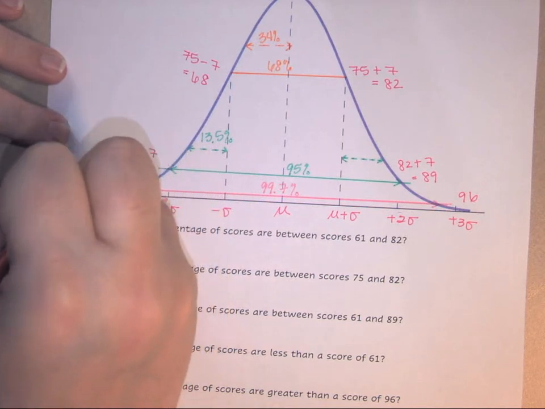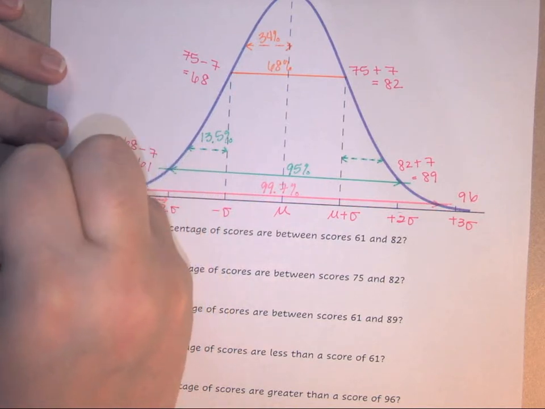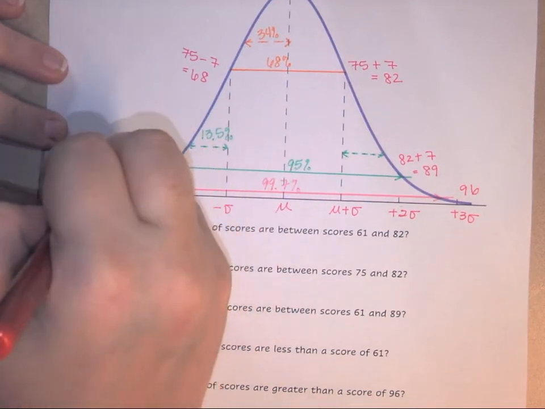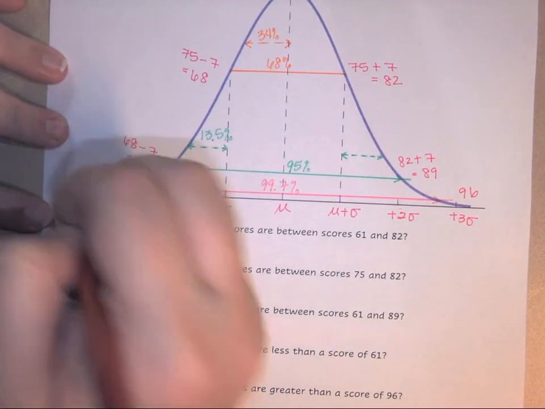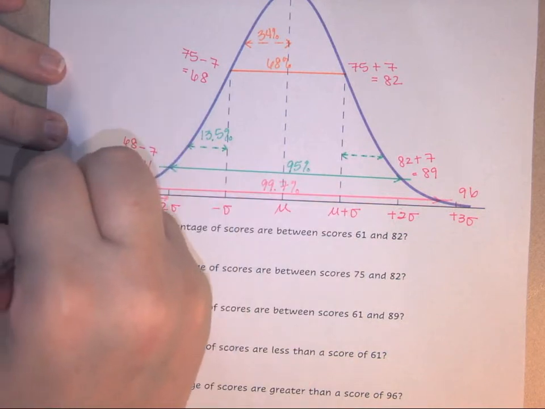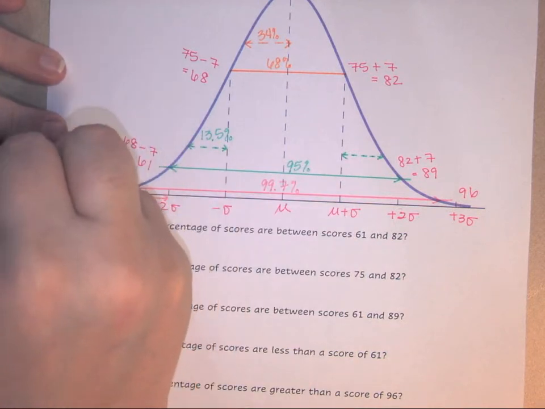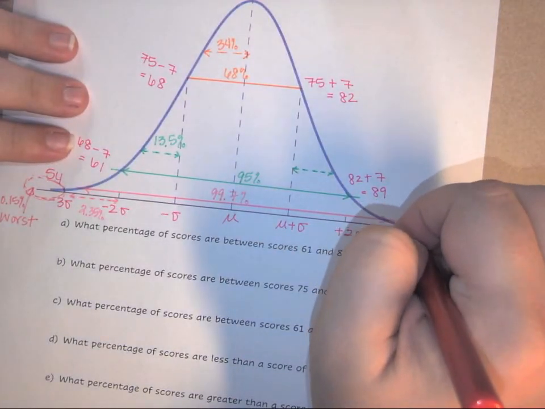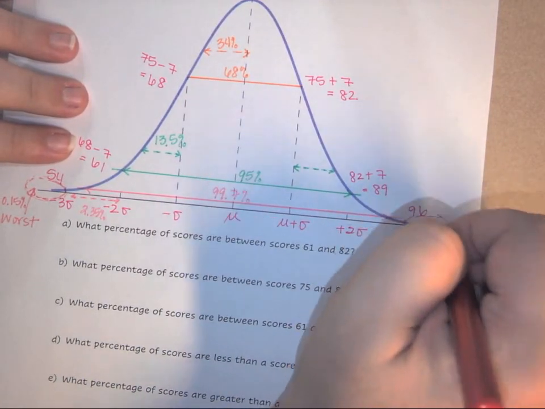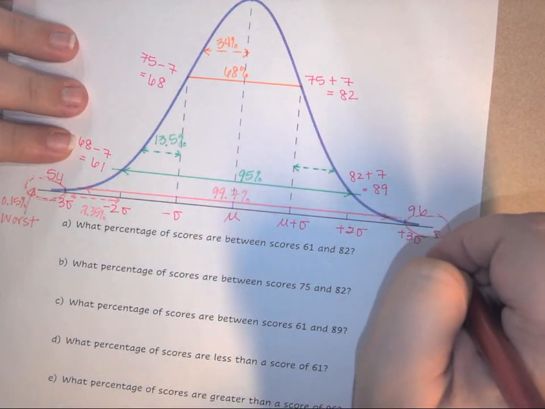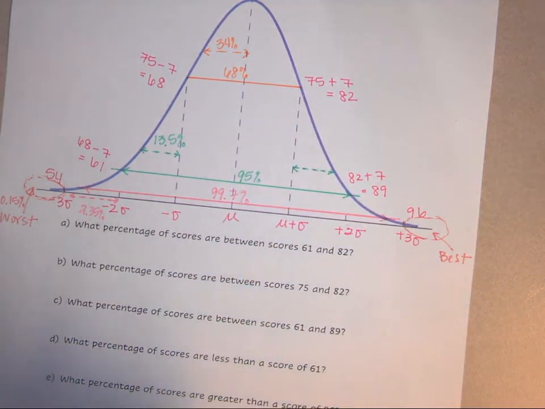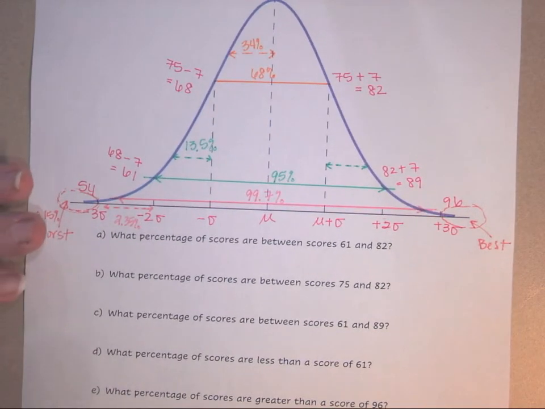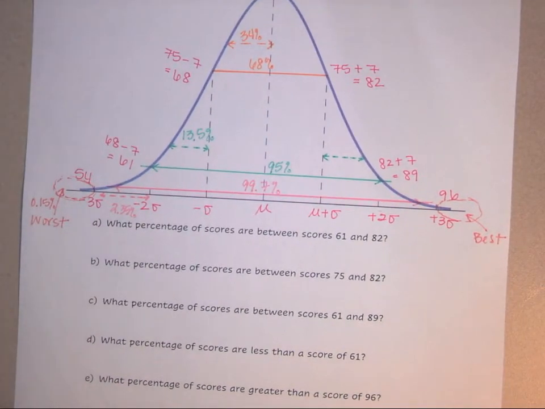So this part out here, so this is going to represent my worst, and it's 0.15%, whereas this piece over here is going to represent the best. Okay. So I've got everything labeled.